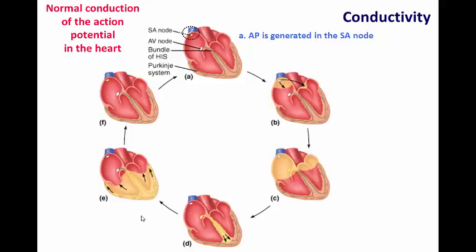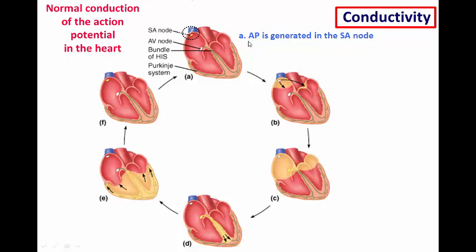So now we have finished with the detailed description of two electrophysiological properties of the heart: autorhythmicity and excitability. And now let's describe conductivity in more detail. The normal conduction of the cardiac impulses, the action potentials which are generated in the sinoatrial node, occurs through the specialized conduction system, and also from cell to cell through the gap junctions in the intercalated discs.